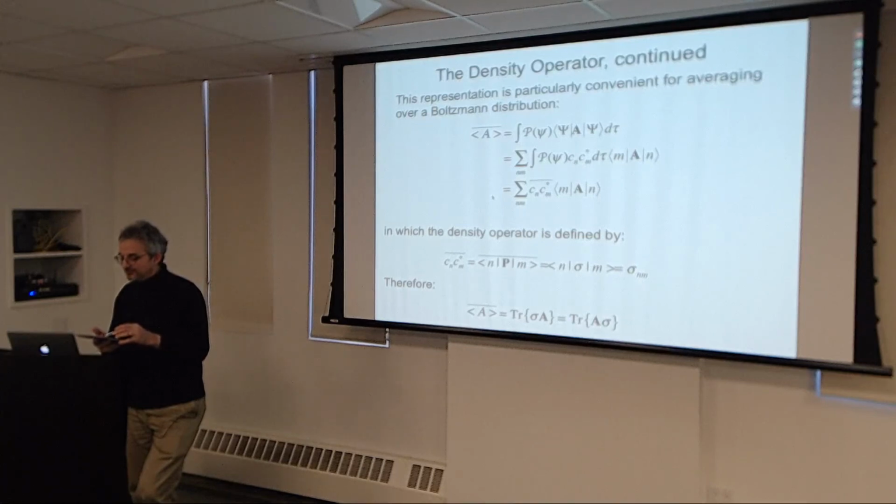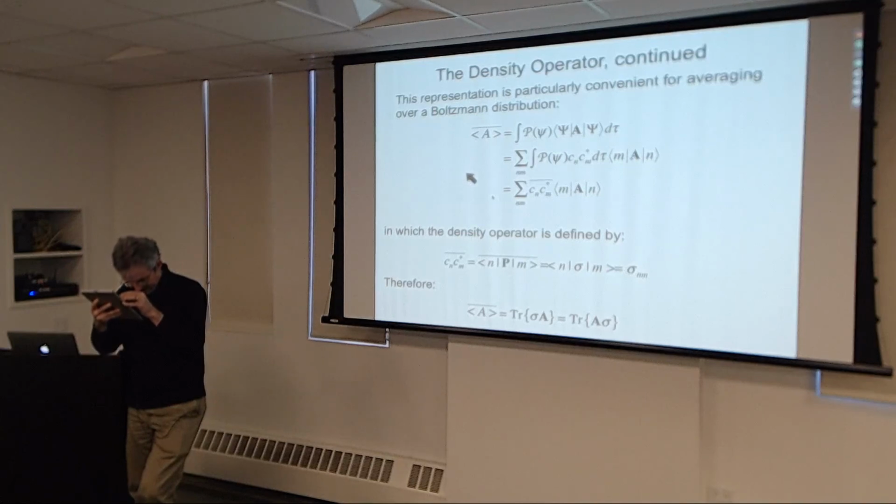And then we're just going to play our same game. We're going to substitute in the expansion as the summation, work our way through all of this, and end up with the averaging over the Boltzmann ensemble. Actually, this is a mistake.